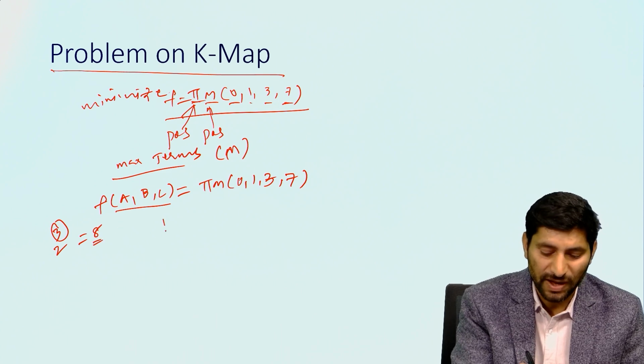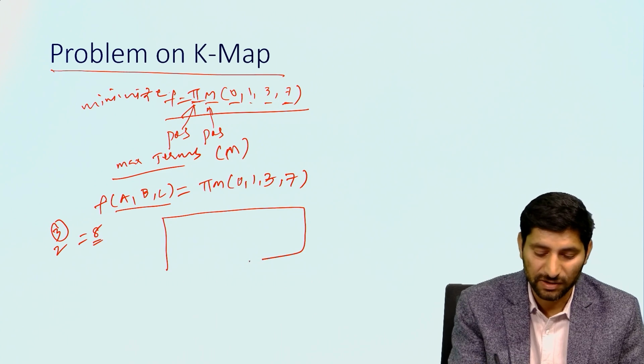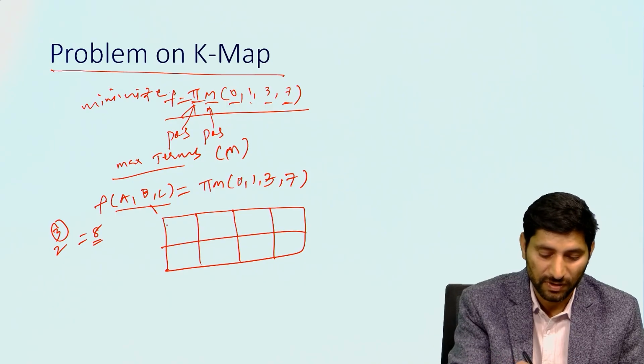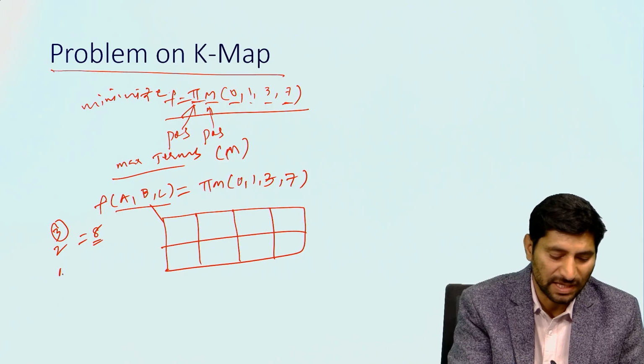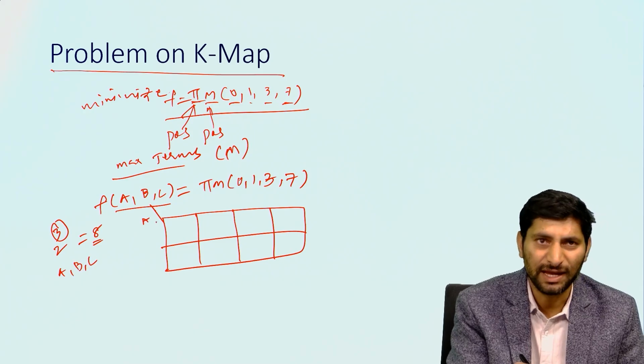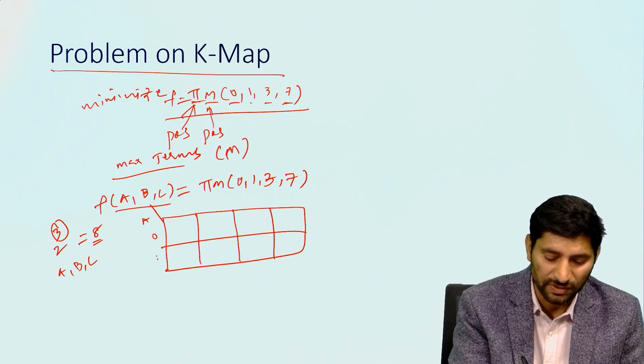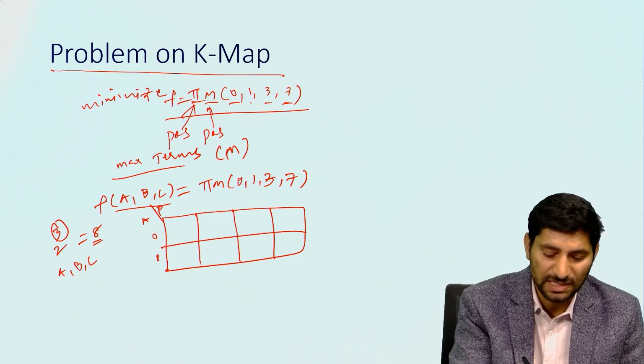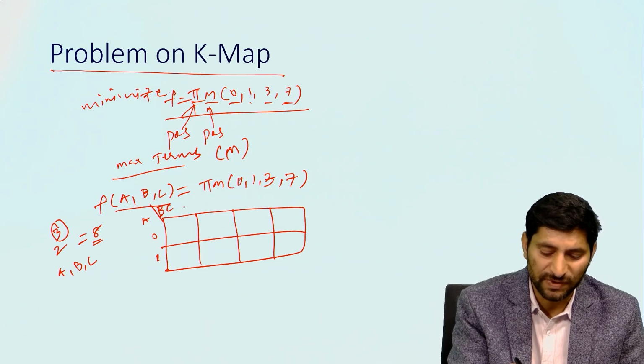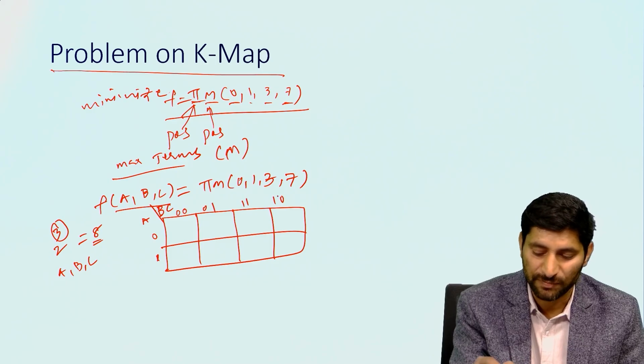Now I can draw the 3 variable K-map like this. Let us take the variables as A, B, C. I denote variable A for the row and variables BC for the column, like 00, 01, 11, 10.